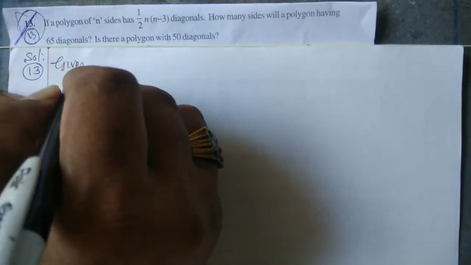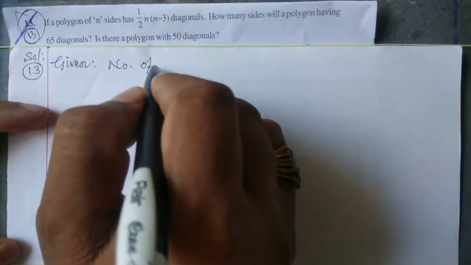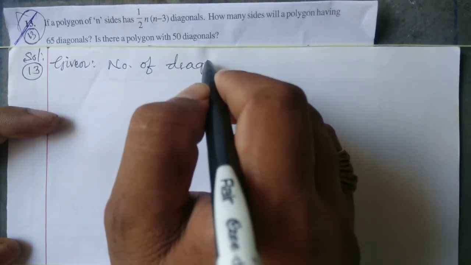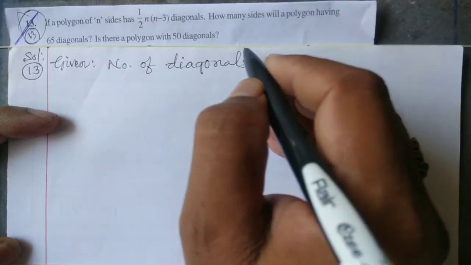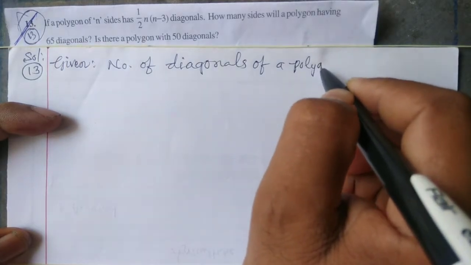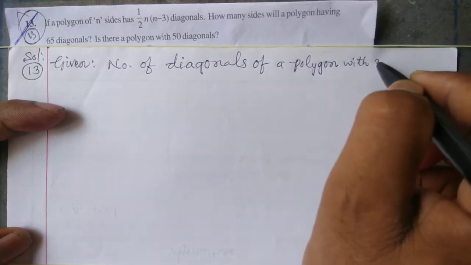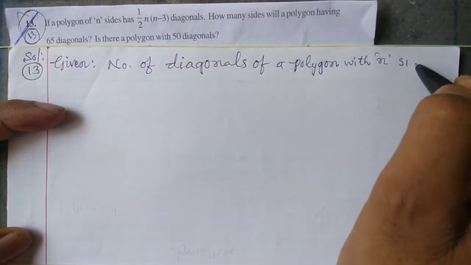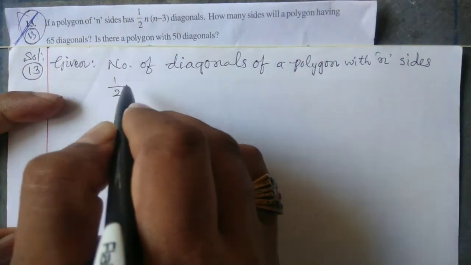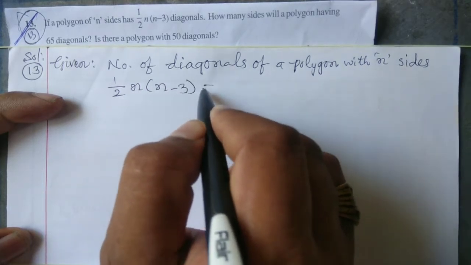Given the number of diagonals of a polygon with n sides is 1 by 2 n into n minus 3 is equal to 65.